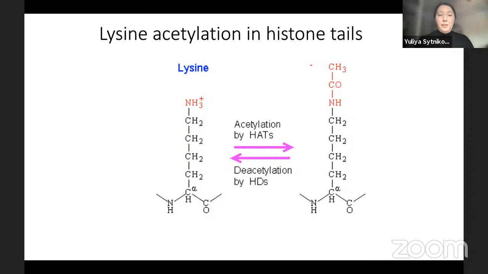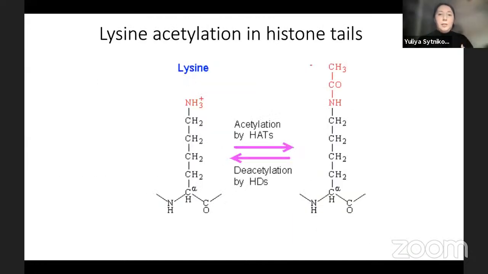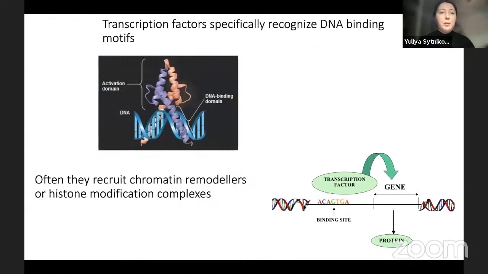Basically, they are differentially recruited to different genomic regions, and they are extensively used for regulating gene expression. Altogether, histone modifiers are pretty often recruited to particular regions by either transcription factors or small non-coding RNAs.